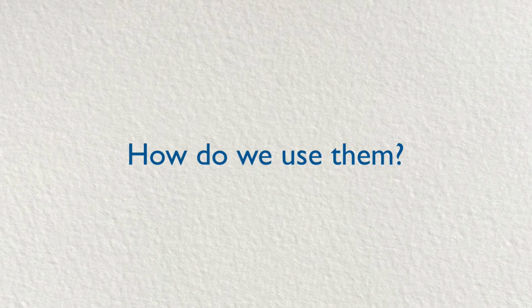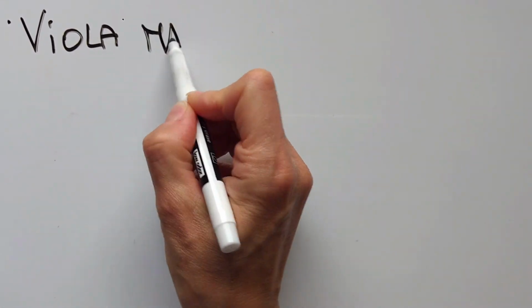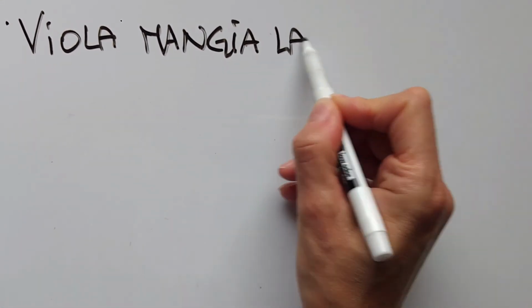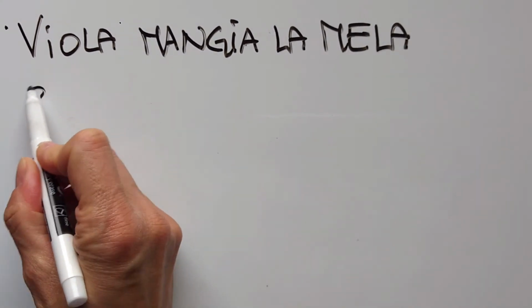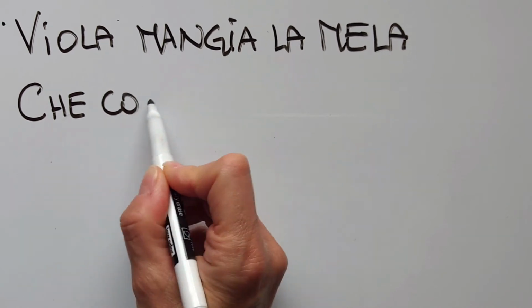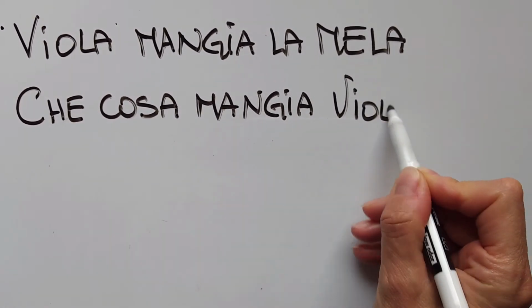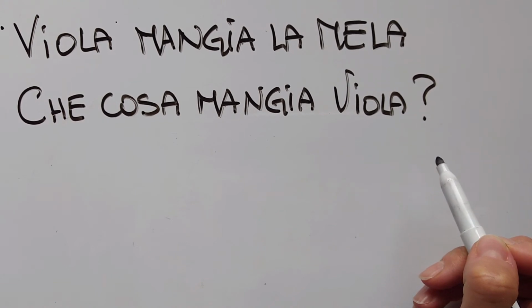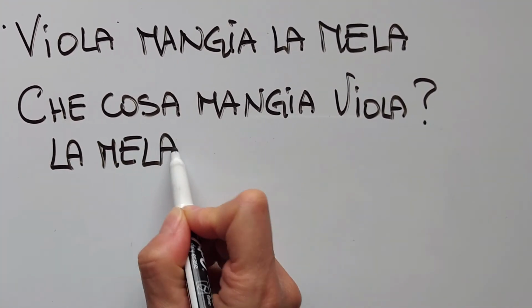How do we use them? Let's start with a simple example. Viola mangia la mela. Viola eats an apple. Let's see if we can ask a question using what. Che cosa mangia Viola? What does Viola eat? La mela, the apple. The apple is a direct object.